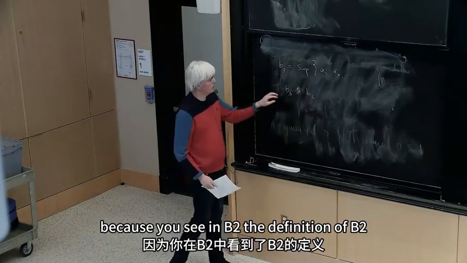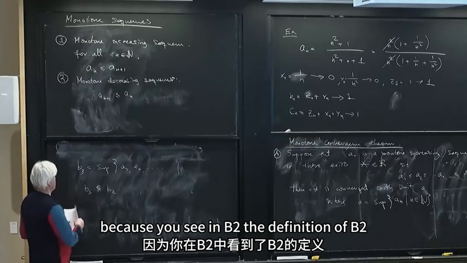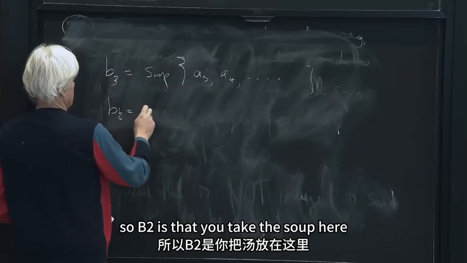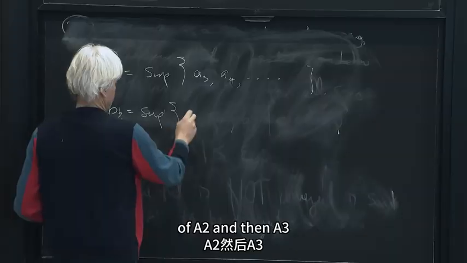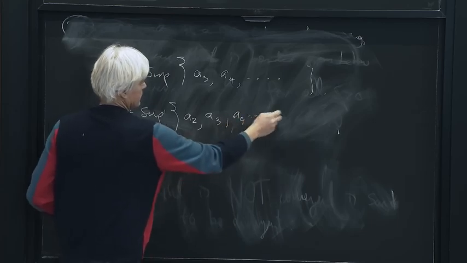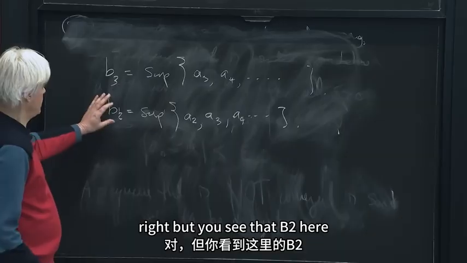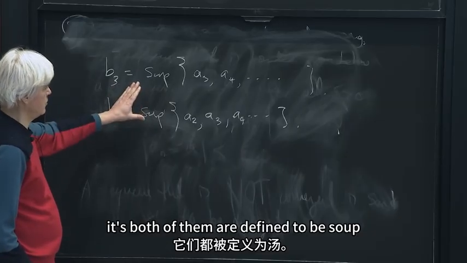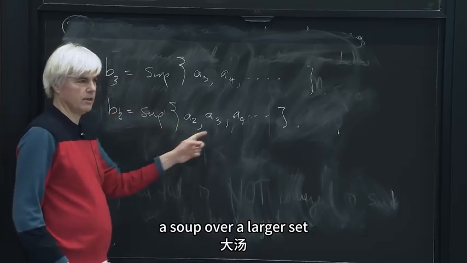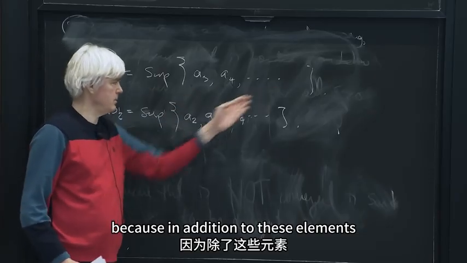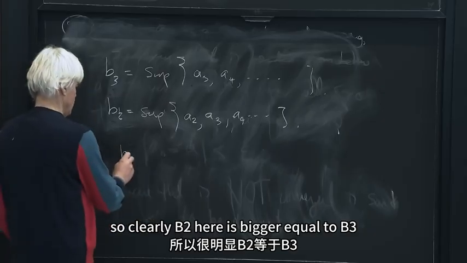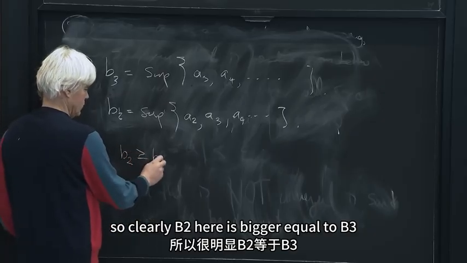Let's write B2 down: B2 is the sup of A2 and then A3, A4, etc. Both are defined to be sups, but B2 is the sup over a larger set, because in addition to these elements, it also includes A2. So clearly B2 is bigger or equal to B3.